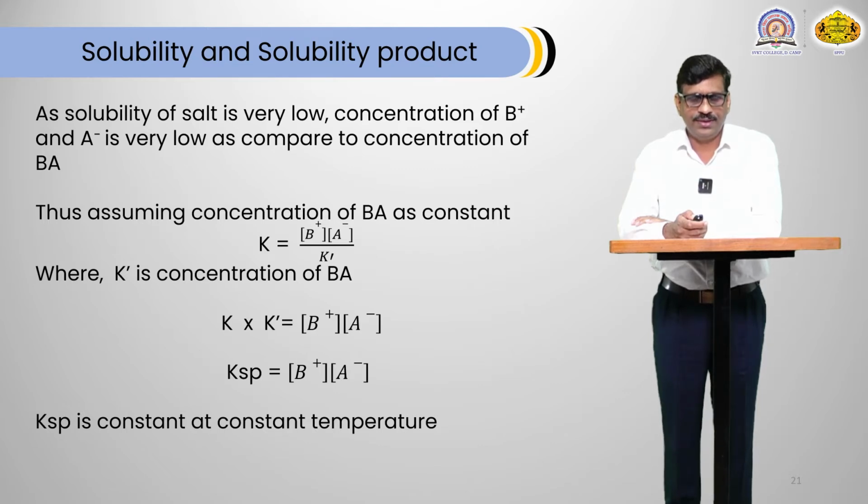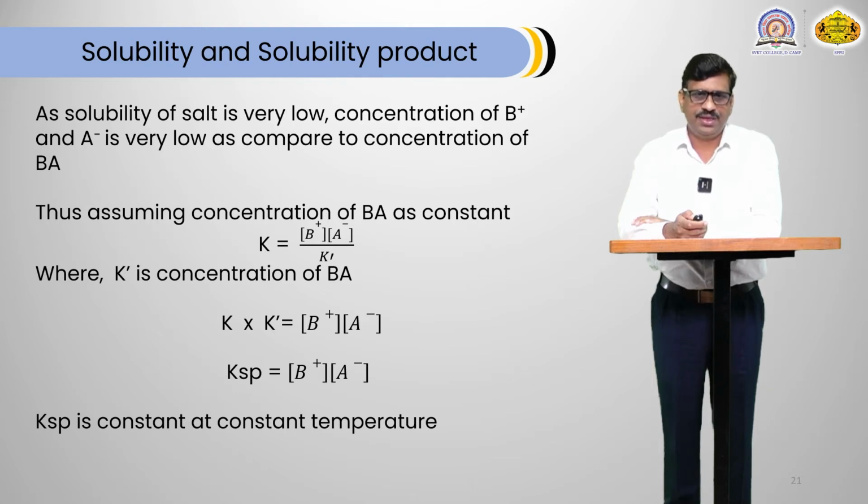We have already discussed that the solubility of a sparingly soluble salt is very small, about 0.01 mole per liter. That's why the concentration of ion B plus as well as ion A minus is very small as compared to the concentration of BA. Hence, the concentration of BA can be assumed to be a constant. Hence, we can write the equation K is equal to concentration of B plus into concentration of A minus divided by K dash, where K dash is the concentration of BA.